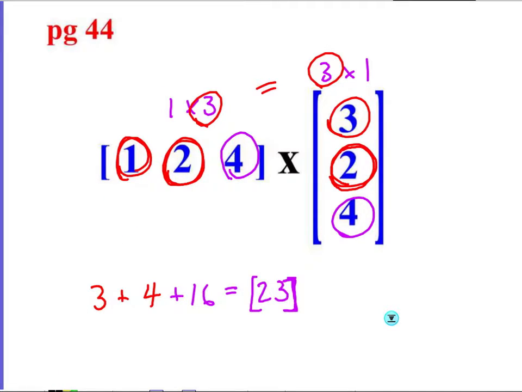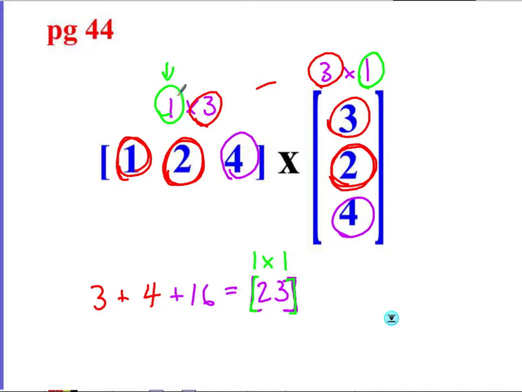Once you write the dimensions above the matrices, the rows of the first matrix and the columns of the second matrix, if you take those outer numbers, that gives you exactly the dimensions of the product of the matrices. And so if you look at this, 23 is a matrix. This is a 1 row by 1 column matrix.